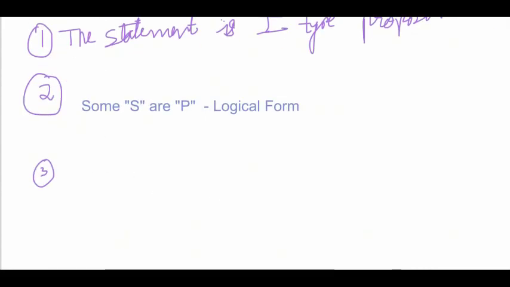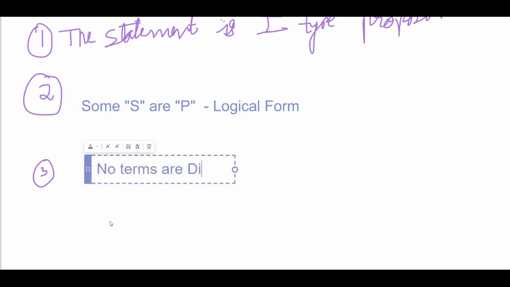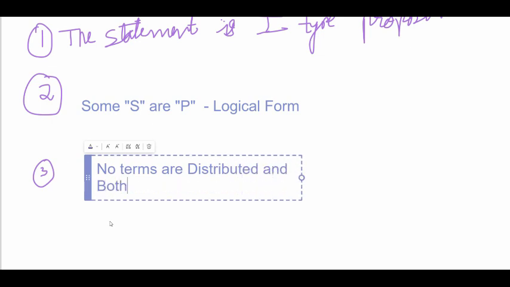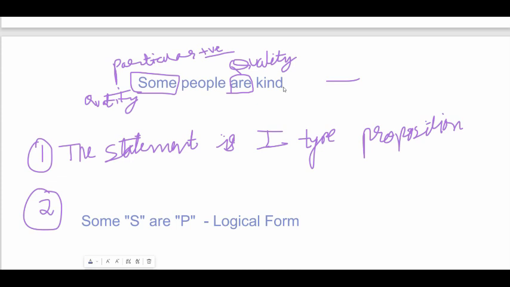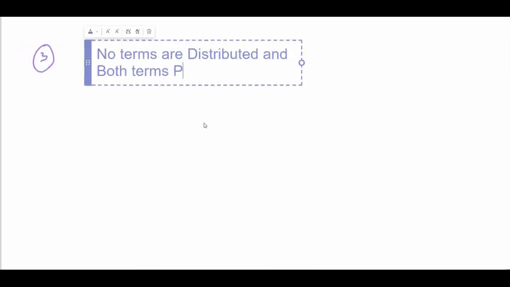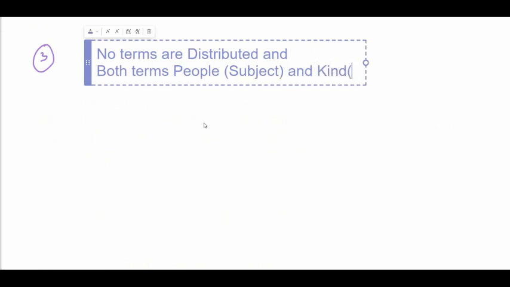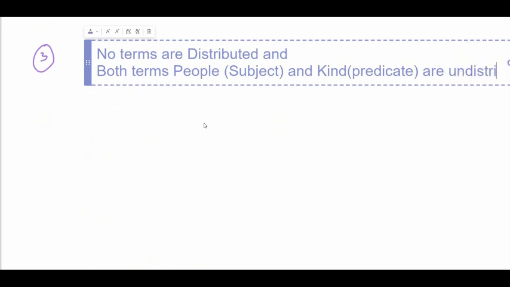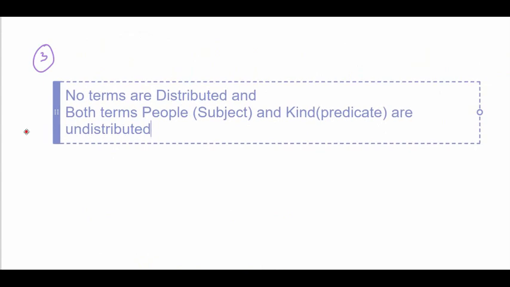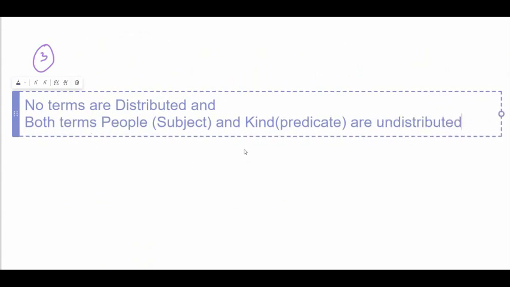So if they ask which term is distributed, we just write: no terms are distributed, and both terms, that is people, the subject, and kind, the predicate, are undistributed. So this is the third answer.